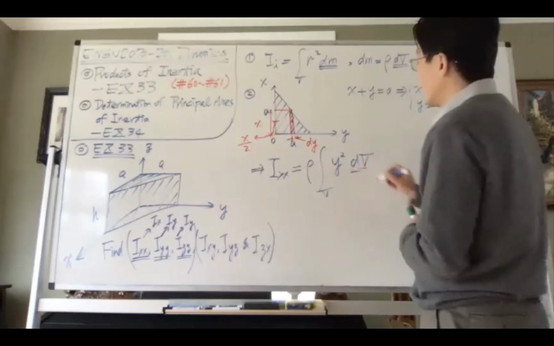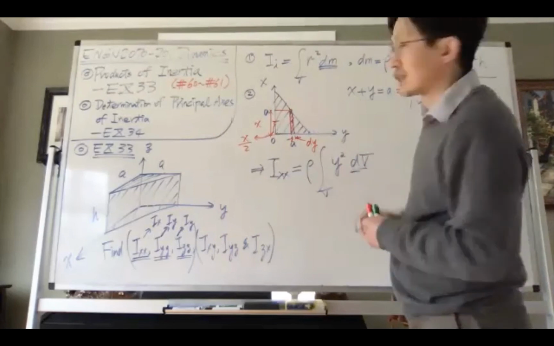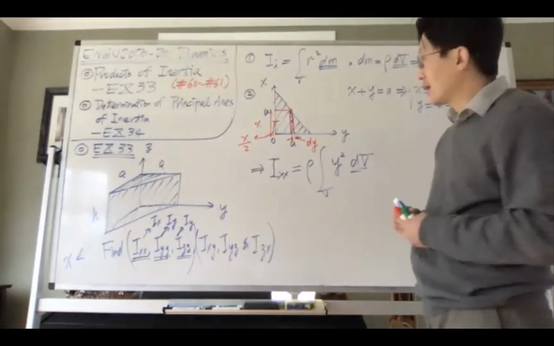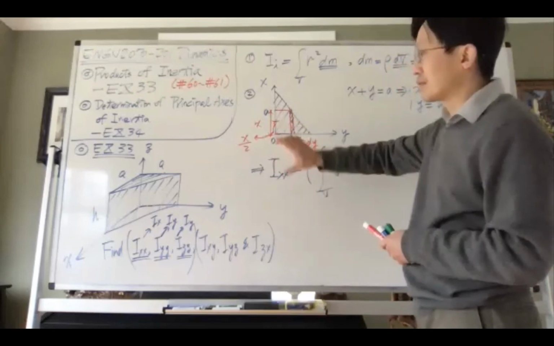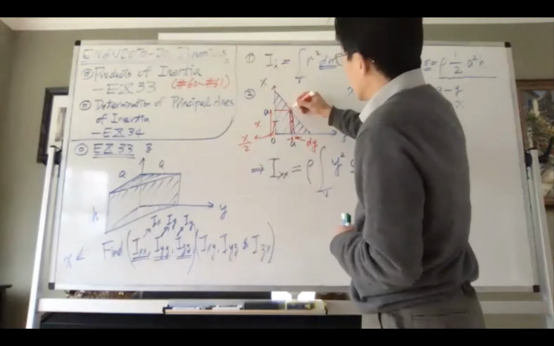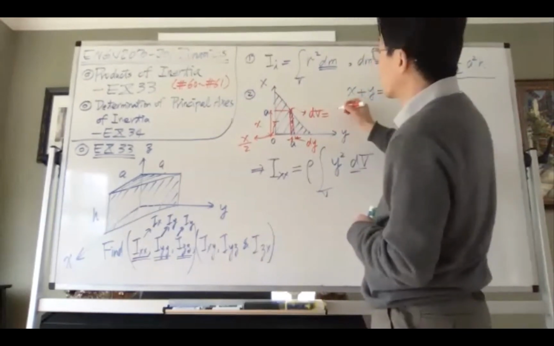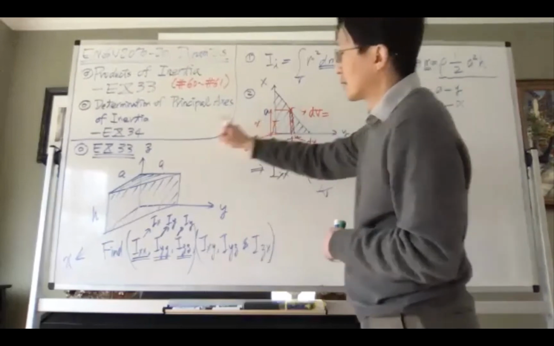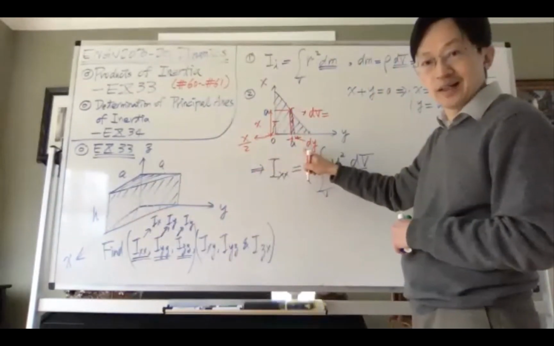So what is dV here? If you use this, look at this. What's the volume of this unit strip? The unit strip is dy times x and times the height. And the height is constant h. So can I say that dV is nothing but just x times h times dy, right?